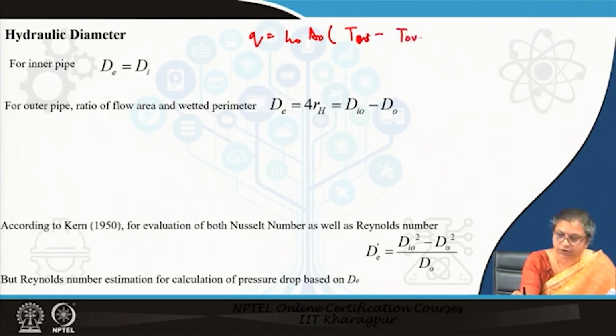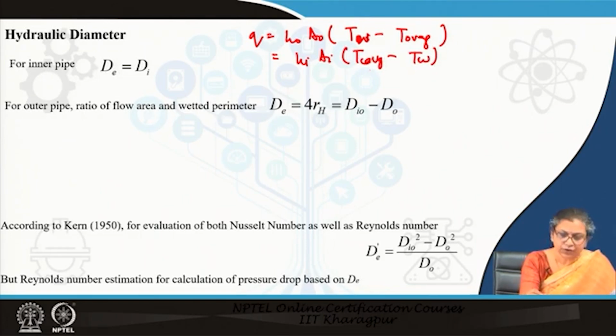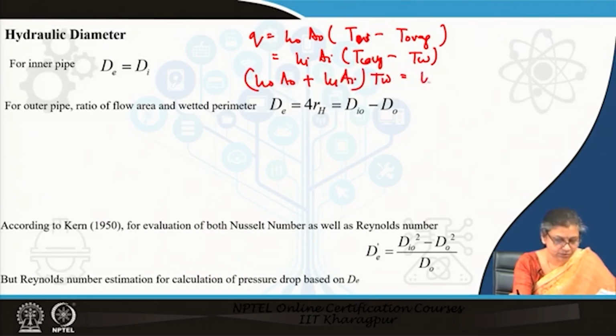TW minus TO average, since the outer fluid is the cooler fluid, this equals HI AI TI average minus TW. So, from there if you equate these two, then you can write it down as HO AO plus HI AI TW, this will be equal to HO AO, you can do it yourself, plus HI AI TI average.